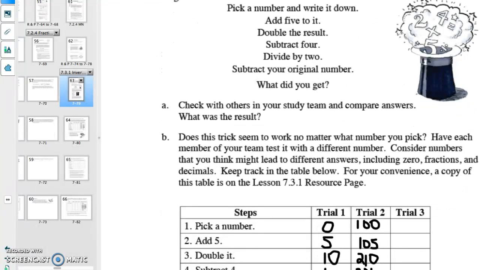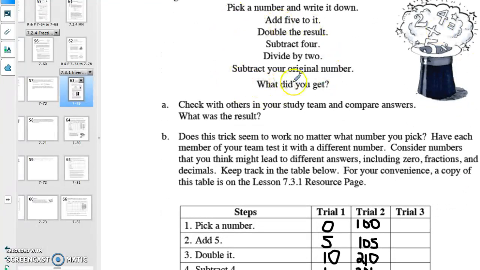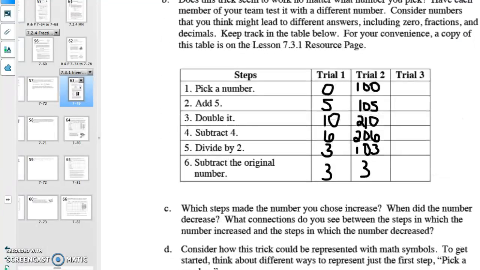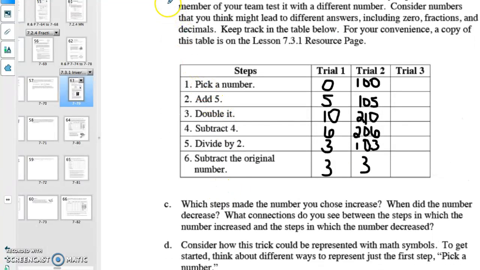Make sure that you have your original number and the work you have for that. You can skip B because we did that one together. And then look at C. So write down C and put in there which step made the number you chose increase. You can pause the video right now and write out your answer.